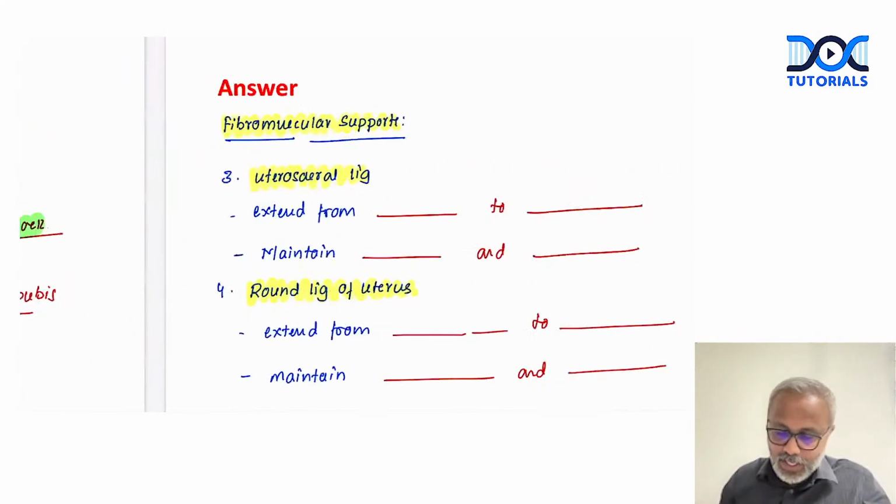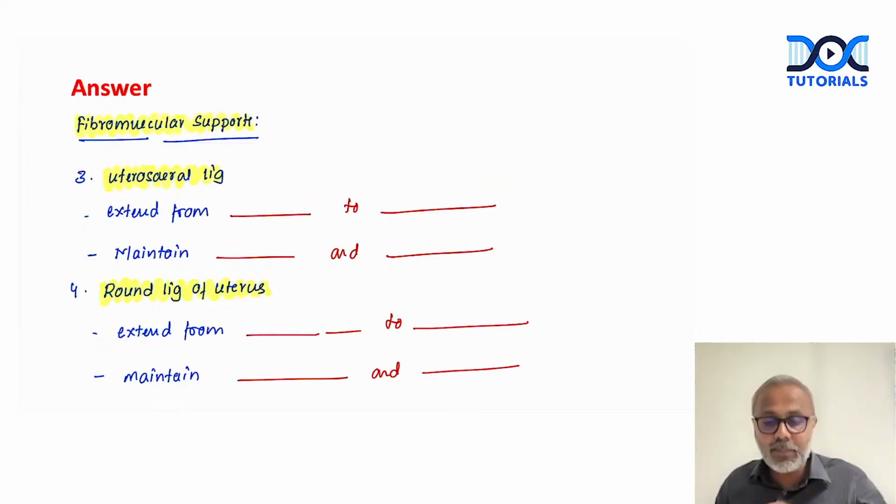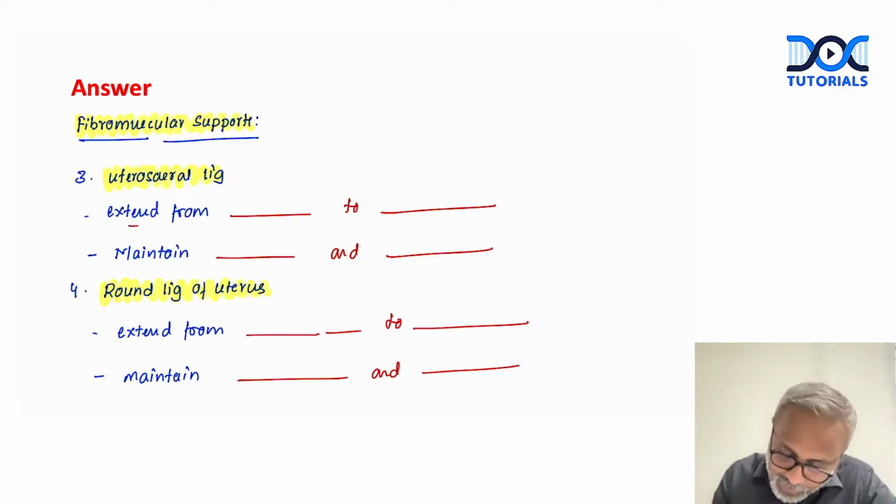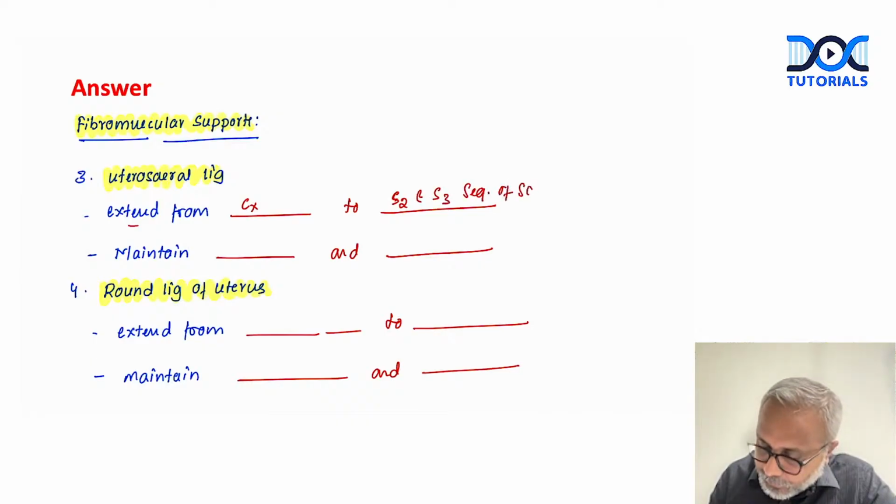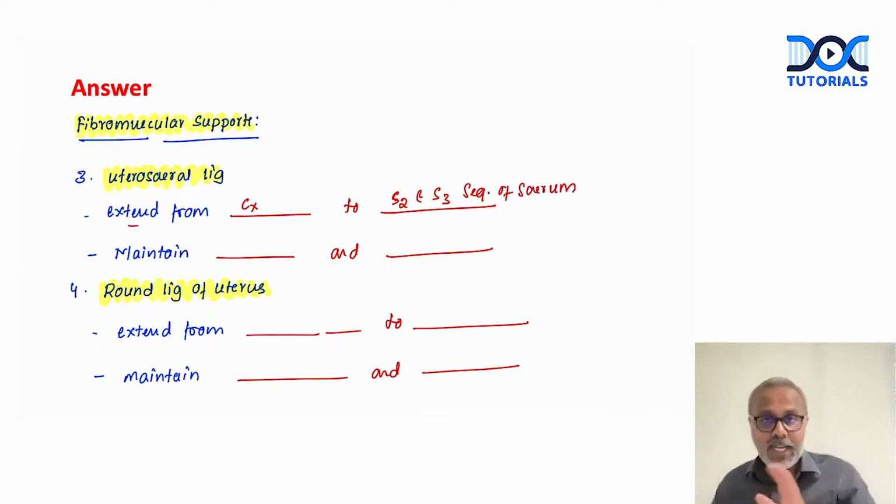Then the next important ligamentous support is the uterosacral ligament. We have seen it extends from, again, the cervix to the S2 and S3 segments of the sacrum. So this is the extent.